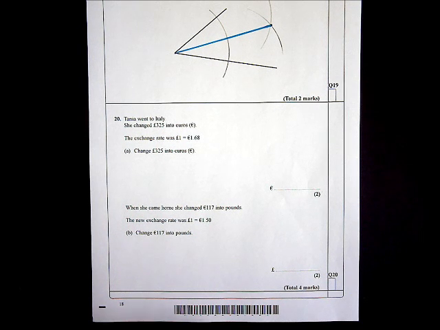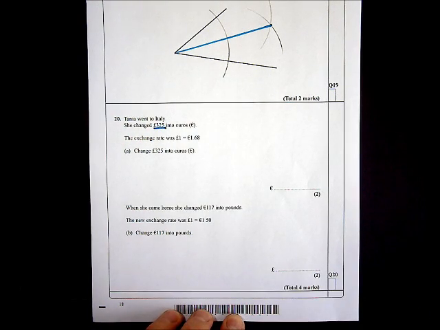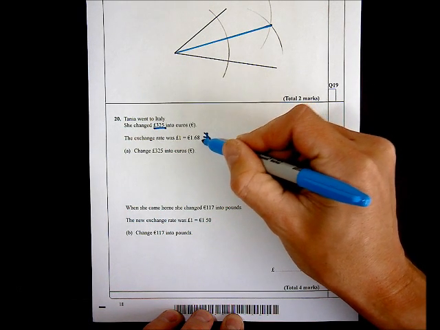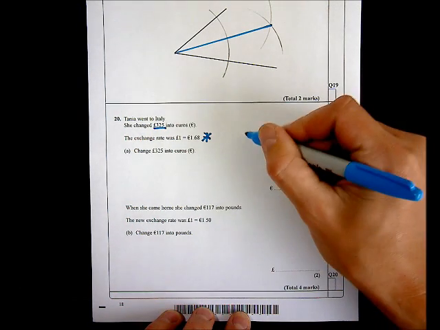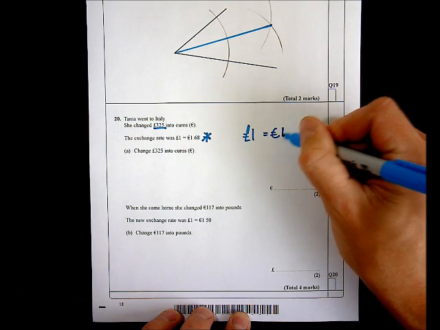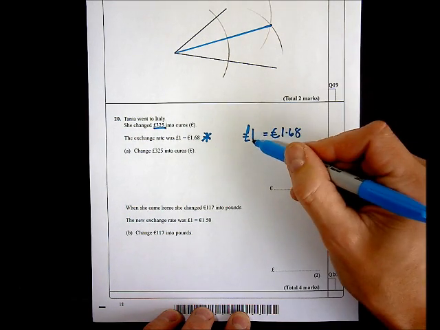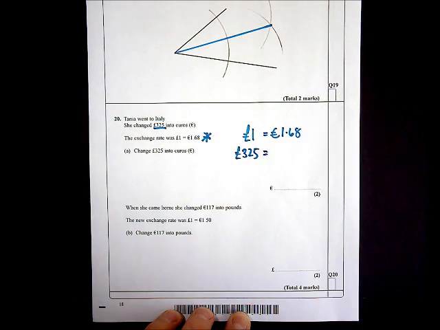In question 20, I'm told that Tanya went to Italy and she changed £325 into euros. And I'm given an exchange rate here of £1 is equal to €1.68. And then I'm asked to change the £325 into euros. So I'm going to write the exchange rate down over here. And I don't want £1, I want £325.